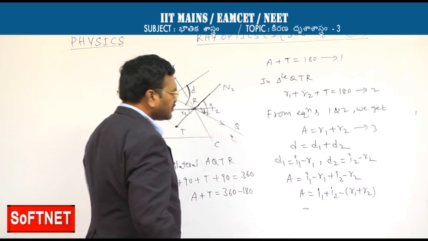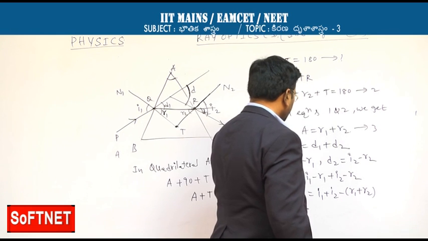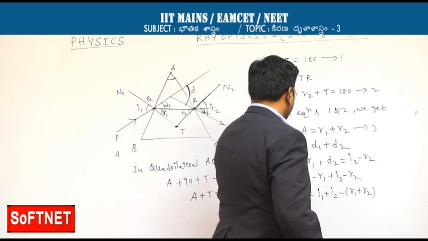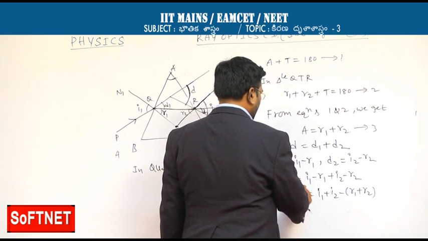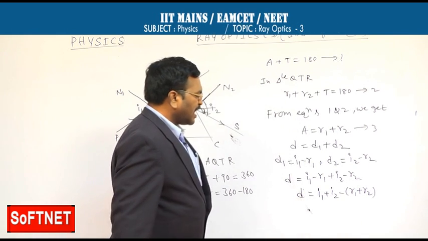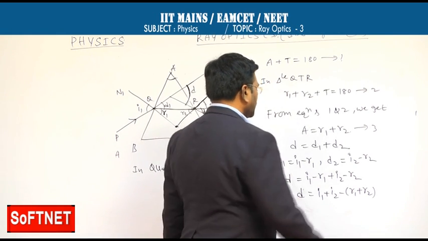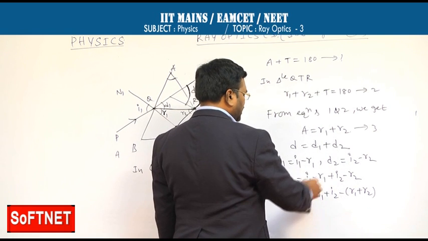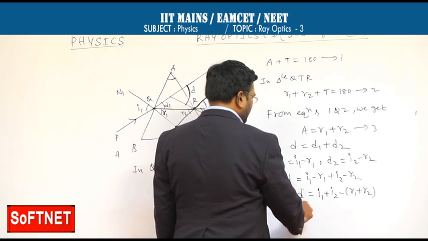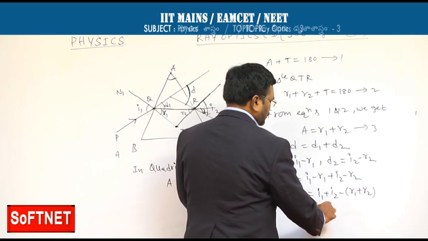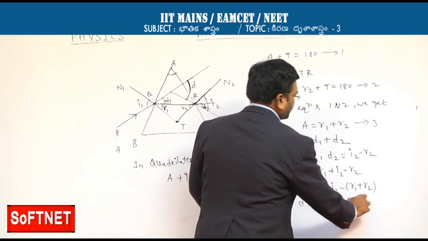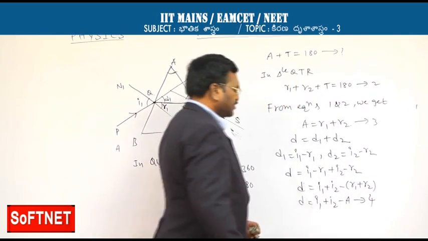Now this is deviation like this. Deviation is equal to I1 plus I2 minus R1 plus R2. From equation 3, R1 plus R2 is equal to A. So D is equal to how much? I1 plus I2 minus A. This is fourth equation.